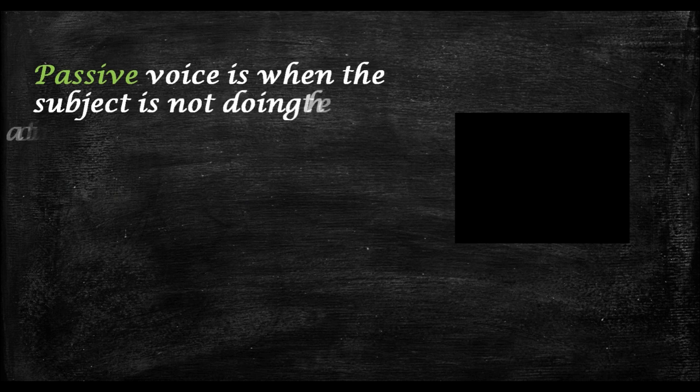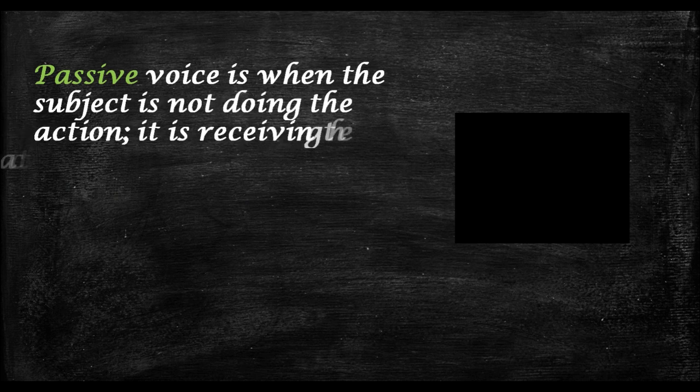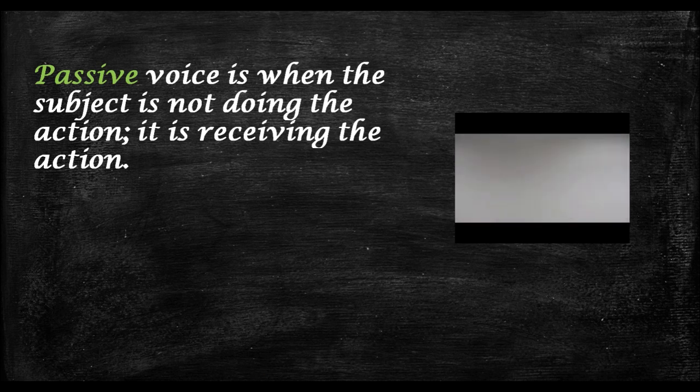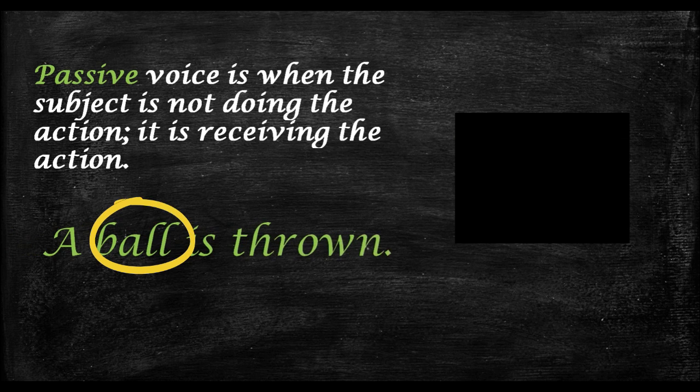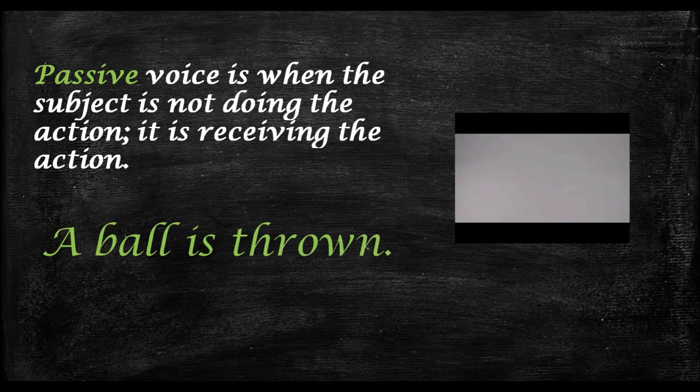So the passive voice is when the subject is not doing the action, it is receiving the action. Let's consider the previous example. A ball is thrown. In this sentence, the ball is not throwing itself, the action is being performed on the ball.